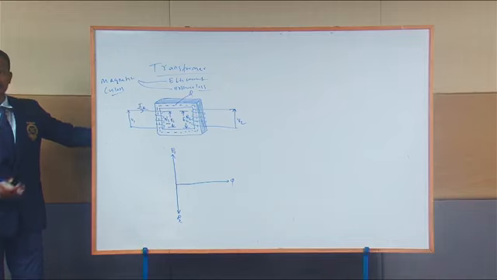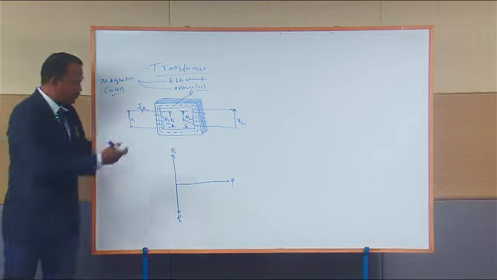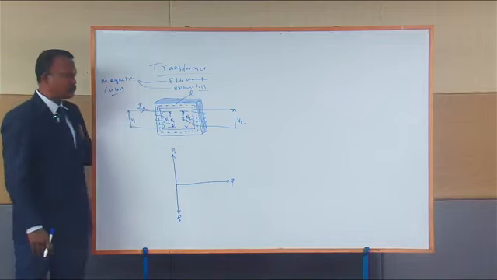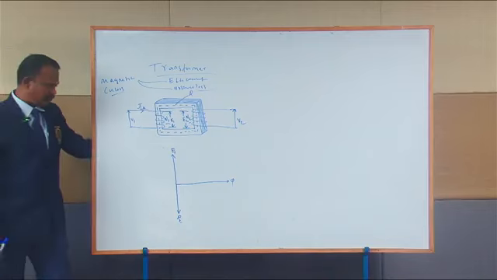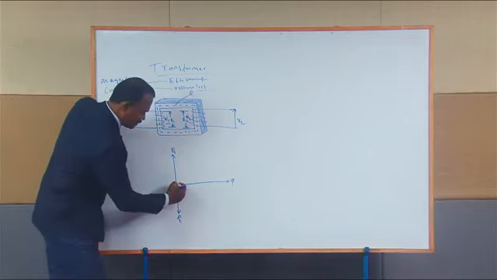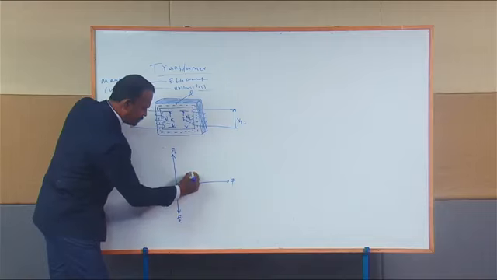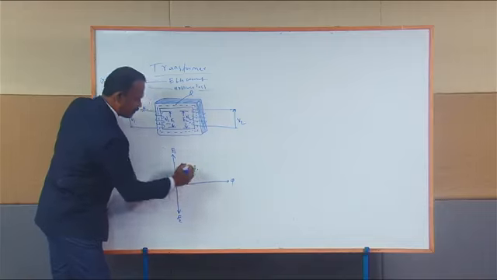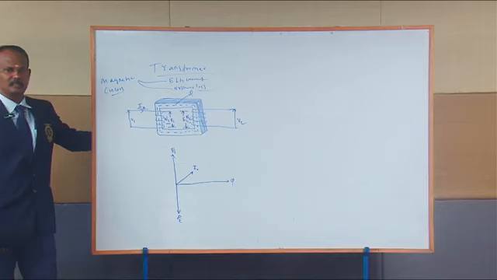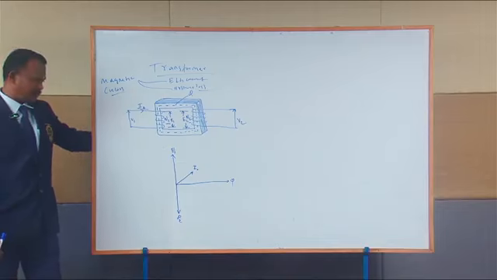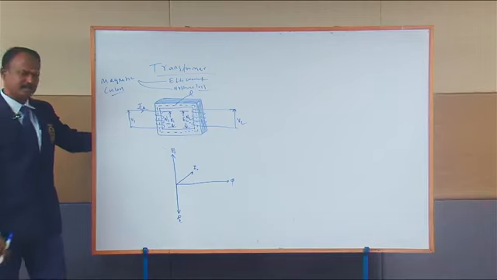Now how to represent your no load current I naught? I said this current I naught is responsible for producing the magnetic flux in the transformer. So the current I naught can be represented like this. This is my I naught. I told I naught will have two components: one is I mu, the other one I call IW. I mu is nothing but the magnetizing component of the current. Normally it is in phase with the flux line.